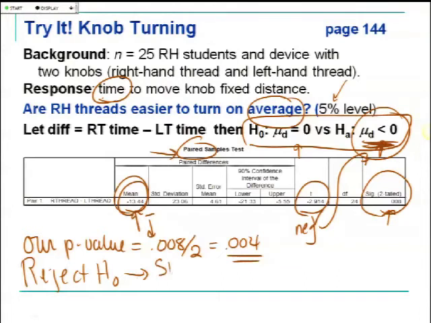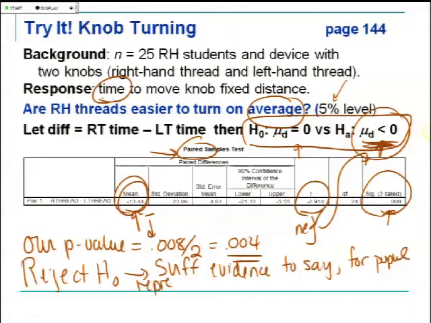Then it's truly about the population that we're making our conclusion about. We have sufficient evidence to say for the population represented by our sample, what statement?